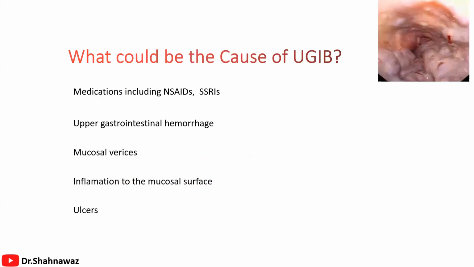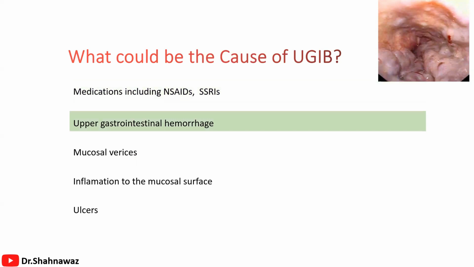And what could be the causes of upper GI bleeding? We have different causes. Patients taking medications, including NSAIDs, antipsychotics, or antidepressants, may have injury to the mucosa of the GI tract.